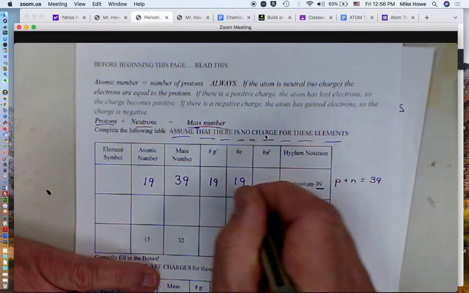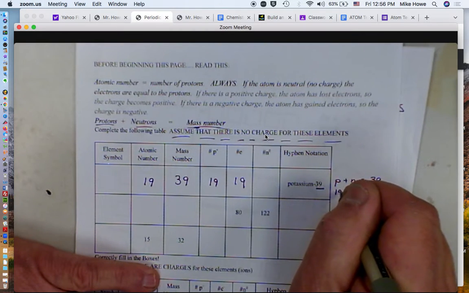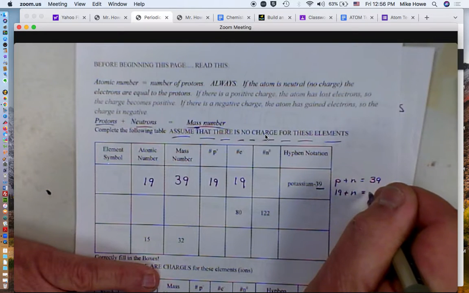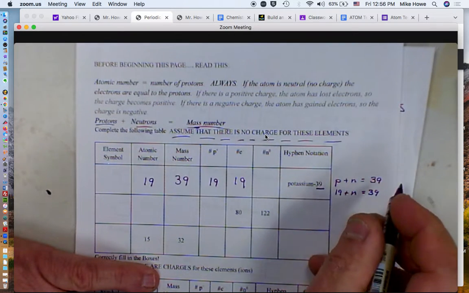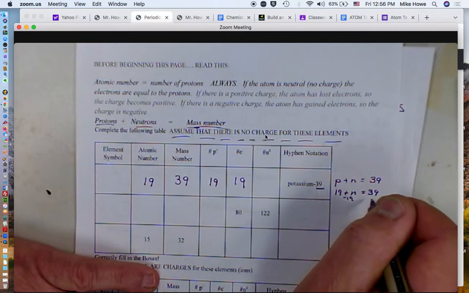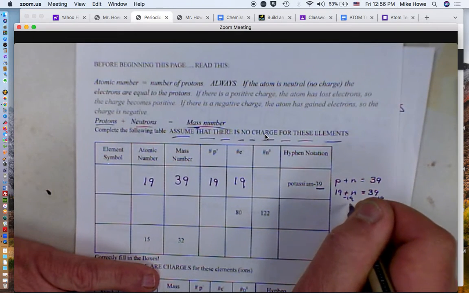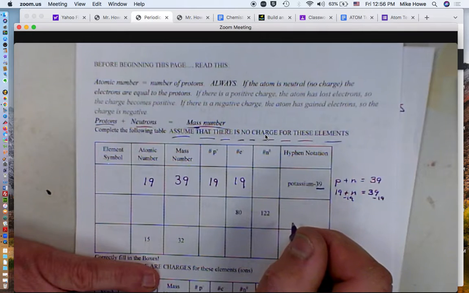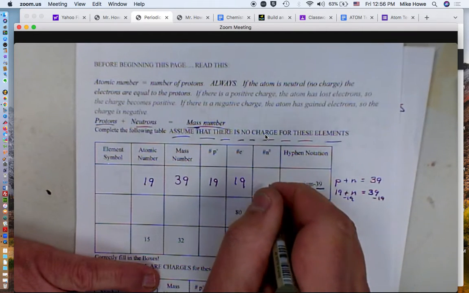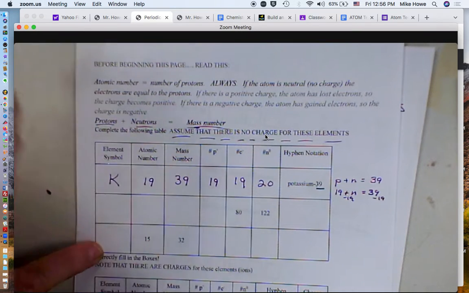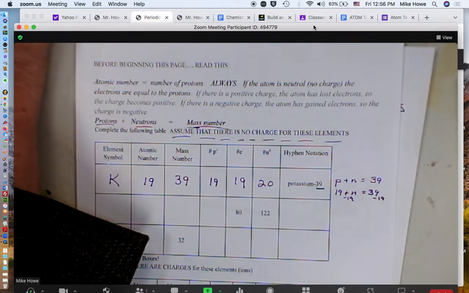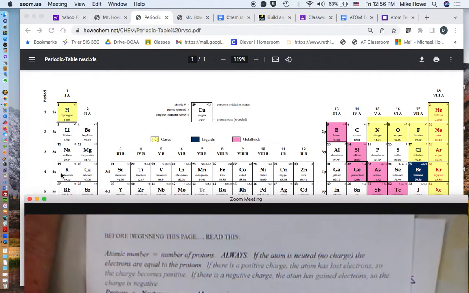We know the protons were 19, so now 19 plus the neutrons equals 39. So the question becomes 19 plus something equals 39. Subtract 19 from both sides, and you find that the number of neutrons is equal to 20, because 39 minus 19 is 20. And of course the symbol for potassium was K, and K we see right here, K.